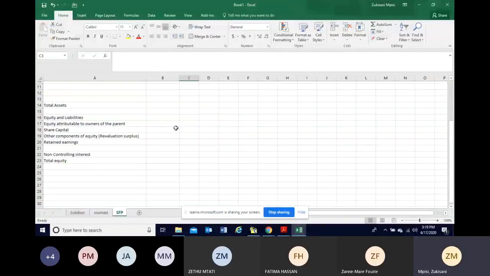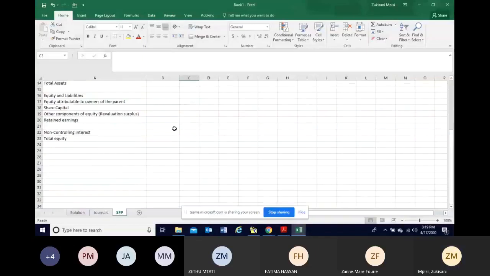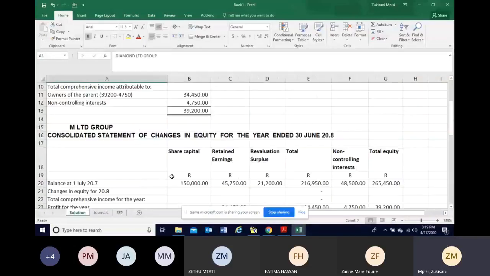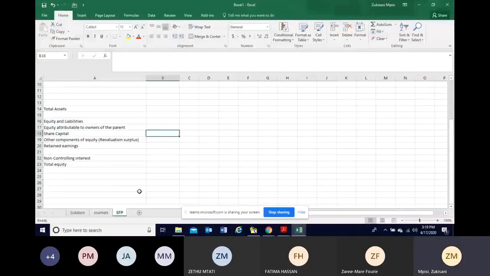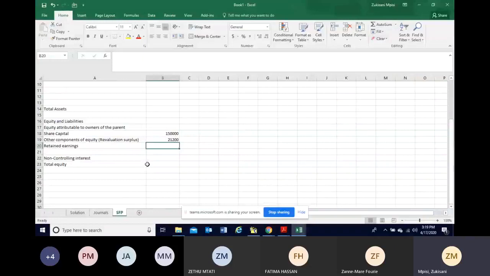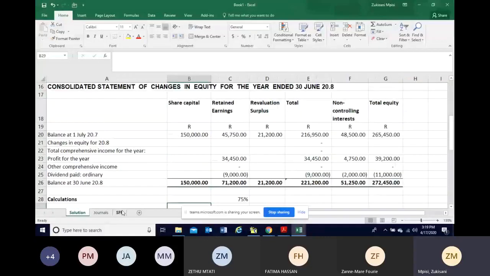So equity components, share capital. We already know that these are the balances that we'll be working on. Share capital, it's 150,000. Other components is 21,200. Retained earnings, 71,200. Non-controlling interest, we had 51,250.